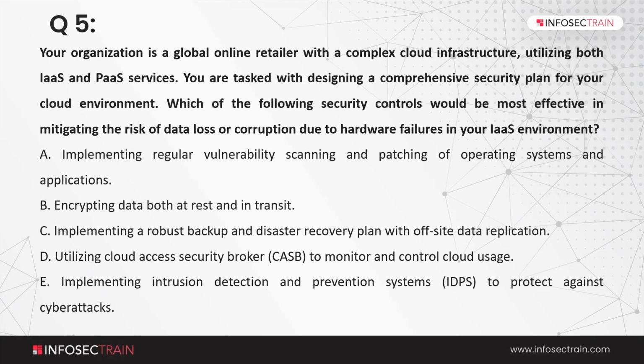C. Implement a robust backup and disaster recovery plan with offsite data replication. Because the question is concerned about hardware failure and data loss, so basically they are talking about redundancy.